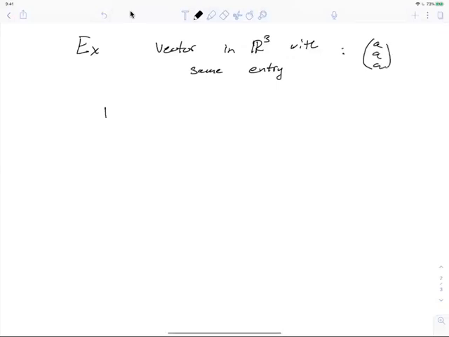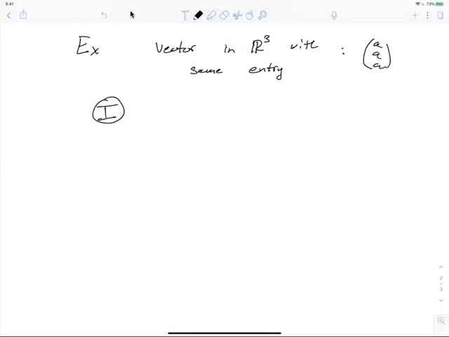Another example is vectors in R3 with the same entry, so they look something like (a, a, a). And sure enough, we can go through the properties again.